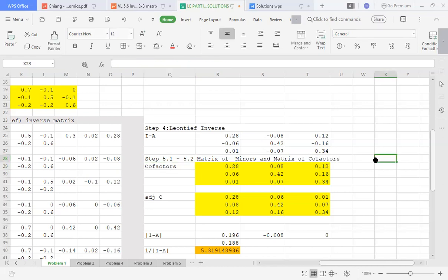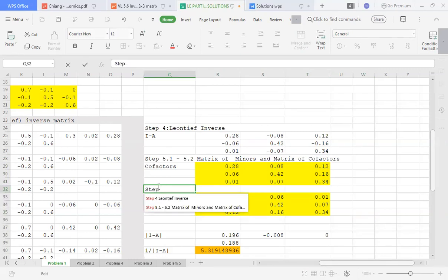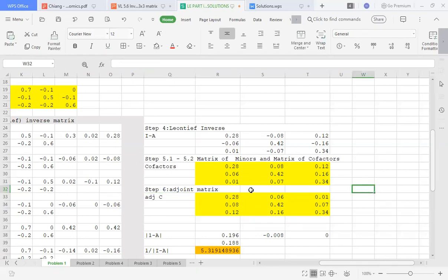So again, step 5 is just to get the matrix of cofactors, but you know that getting the matrix of cofactors would mean getting the matrix of minors. So this is our cofactors already. Step 6 is to get the adjoint matrix. The adjoint matrix is just the transpose of your cofactors.